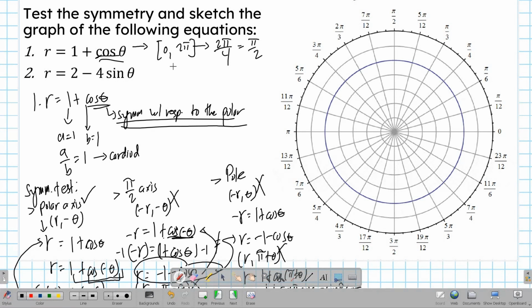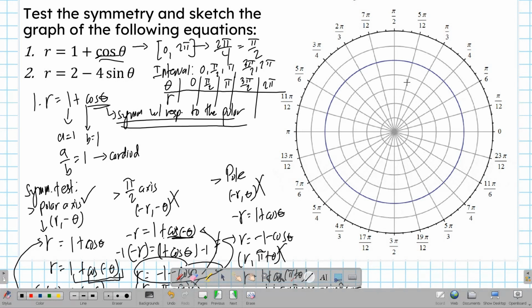The interval that we use is 0, pi over 2, pi, 3 pi over 2, 2 pi. So we use these values and substitute them here to get the value of r. This is theta and this is r. So that's the short table of values: 0, pi over 2, pi, 3 pi over 2, 2 pi.